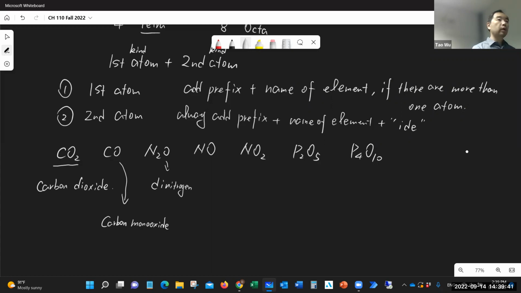The second one has only one oxygen, so you specify the number and put mono: oxide. Dinitrogen monoxide. All right, please go ahead and work on the rest of the four to figure out the names.